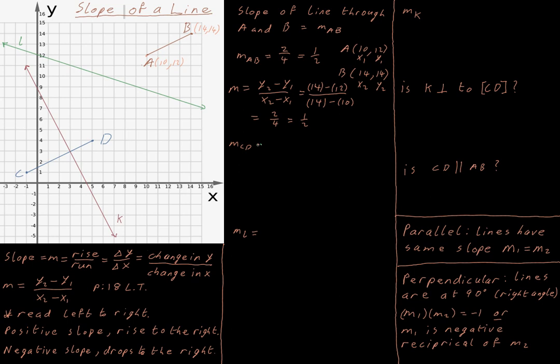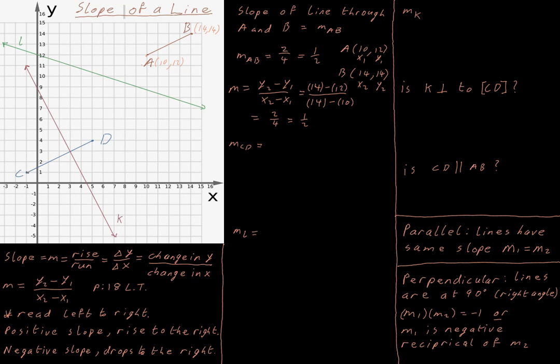So let's do the same thing now for MCD. Give ourselves a touch more space. So MCD is going to be the slope, little m means slope, between C and D. So C and D is this little line segment here. Well, if we did our rise over our run, what would happen?